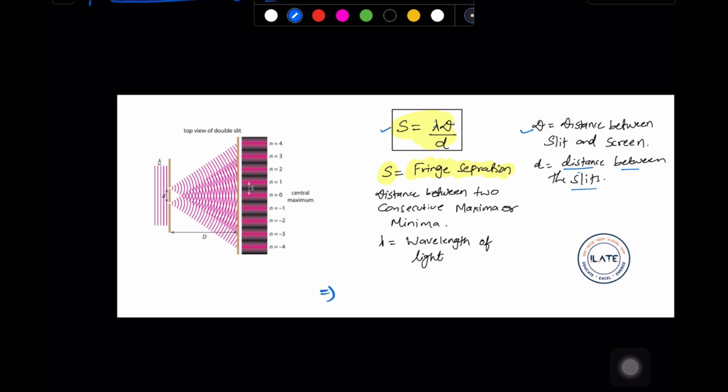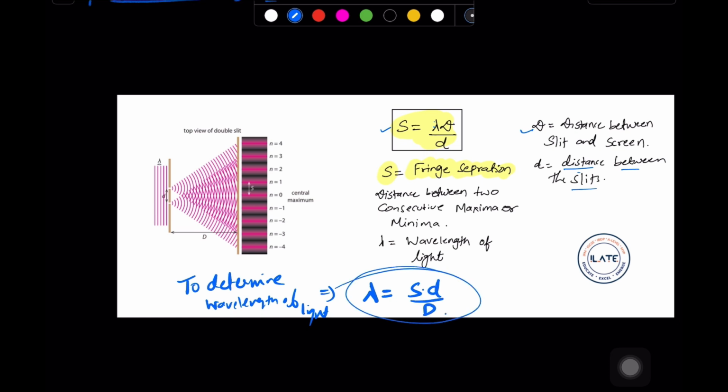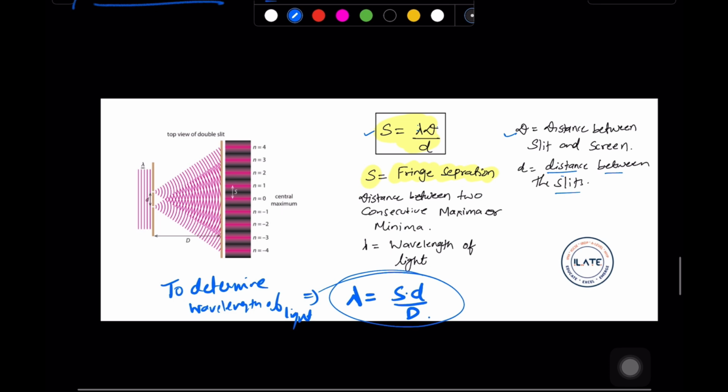By knowing this, you can determine the wavelength of that light. So Young's double slit experiment determines the wavelength of light. If you make lambda the subject, lambda equals S times tiny d upon capital D. Using that, you can calculate the wavelength of any waves.